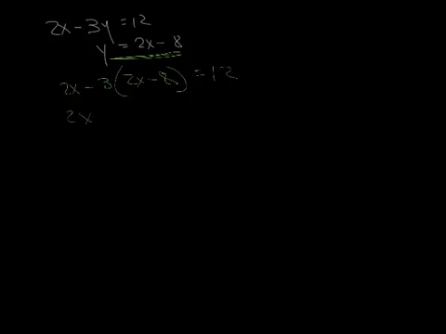Important, because if you don't, you're going to multiply maybe 3 times the 2, but forget that it's 3 times the whole thing, so you'll forget to distribute times the 8. So this is minus 6x, and then that negative 3 times negative 8 is positive 24. And that equals 12.